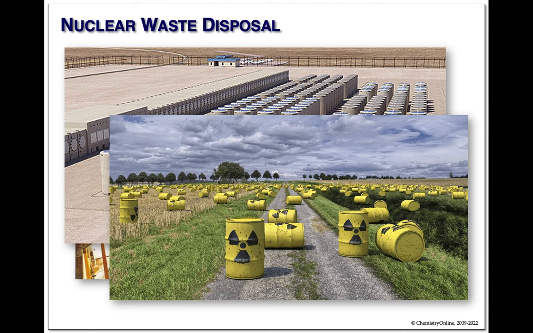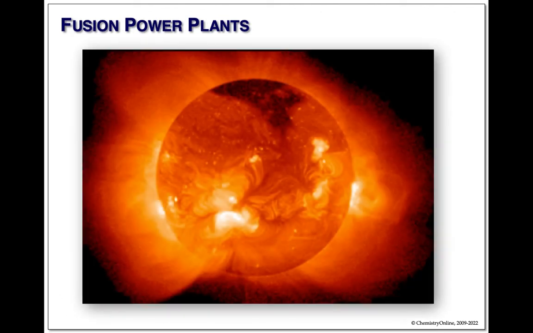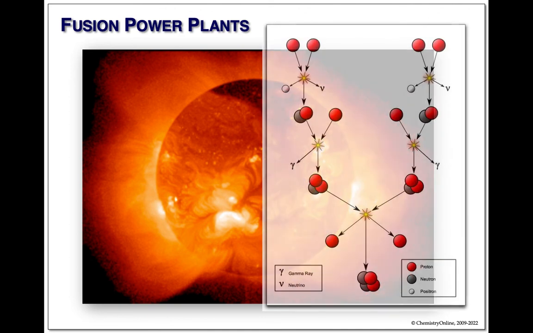However, along comes fusion. Now, just like this was the big brother of fission bombs, fusion powers the sun. Again, you take hydrogen, make helium. Nowhere in this process do you form radioactive waste.